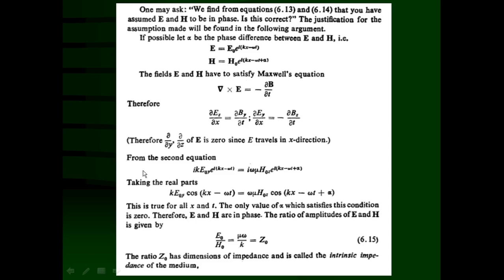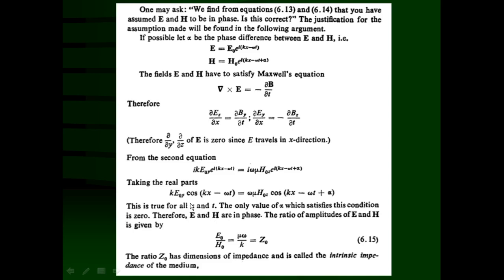And that means whatever the classical theory assumption was, that the radiative components, electric field and magnetic field, oscillate in the same phase, is true, which can be derived from Maxwell's equations also. This is true for all values of x and t. The only value of alpha which satisfies this condition is 0. Therefore, E and H are in phase.